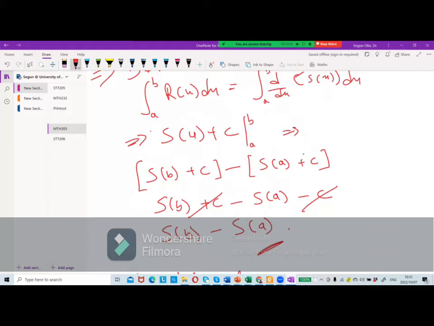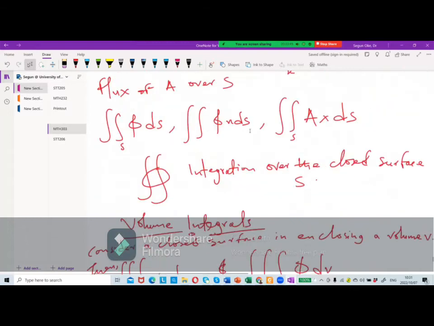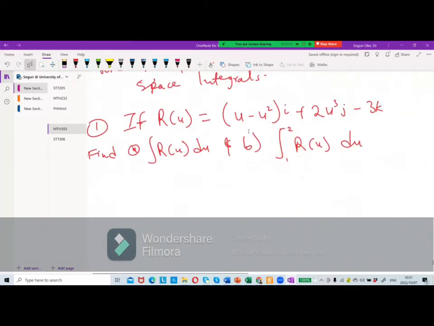A lower limit, sir. That's the lower limit. Thank you. Lower limit or lower bound. And what is B? Upper bound. Yes. So let's go ahead and solve this problem.